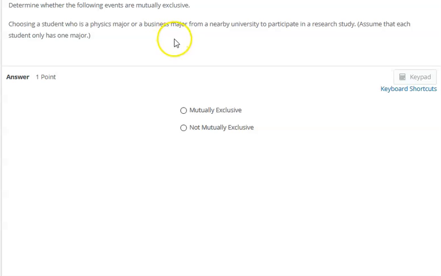Now, would this be mutually exclusive or not mutually exclusive? Well, a physics major and a business major are quite different, and they only have one major, so these would be mutually exclusive.